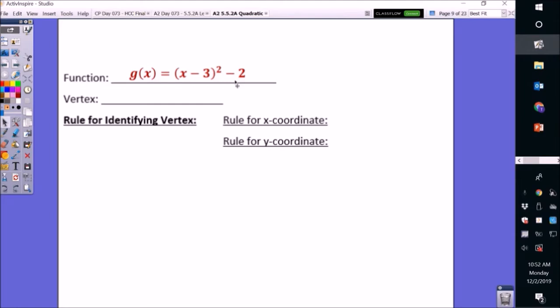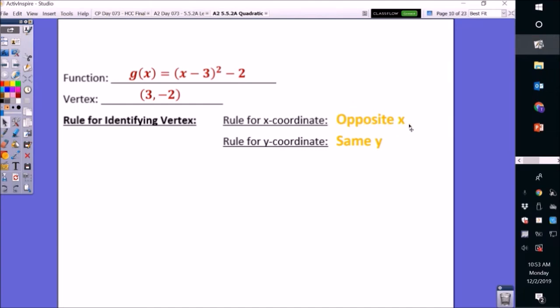So if we review the rules that we had for absolute value, we're going to apply them to identifying the vertex when it's given in quadratic form or quadratic functions. So let's go over the rules for identifying the x and y coordinate of the vertex.